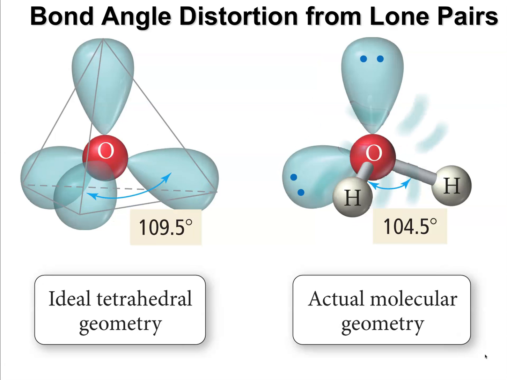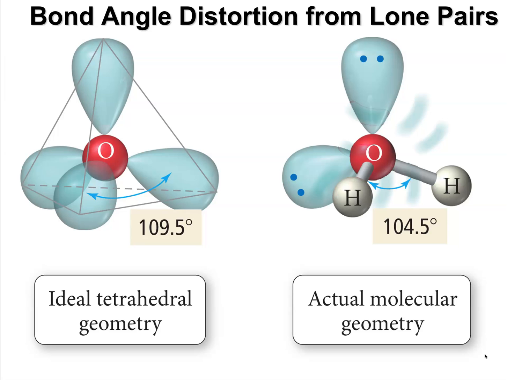To further it, here's water. On the left-hand side, its electronic geometry is tetrahedral. Same as ammonia, and the same as methane, CH4. All of them electronically are tetrahedral. But if we look at a water molecule from a molecular geometry standpoint, it's a bent structure. There are two lone pairs on oxygen.